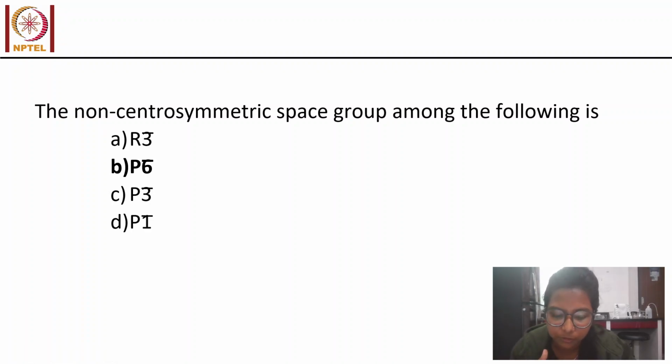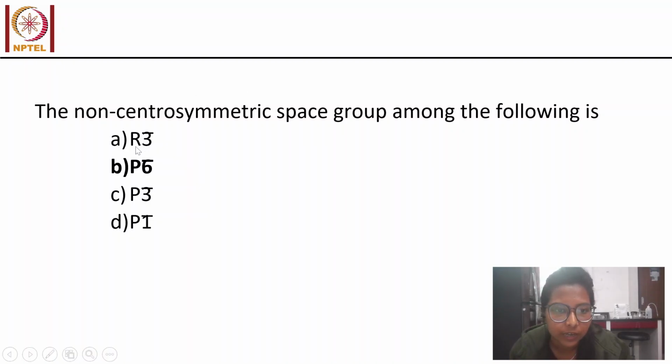Whether a space group is centrosymmetric or non-centrosymmetric depends upon whether there is an inversion center present. So now to understand whether something is centrosymmetric or not, we are given the 4 space groups. What we will do first is convert the space groups to point groups for simplicity, and then we will draw the stereographic projections and understand whether we are generating any inversion center in the middle or not.